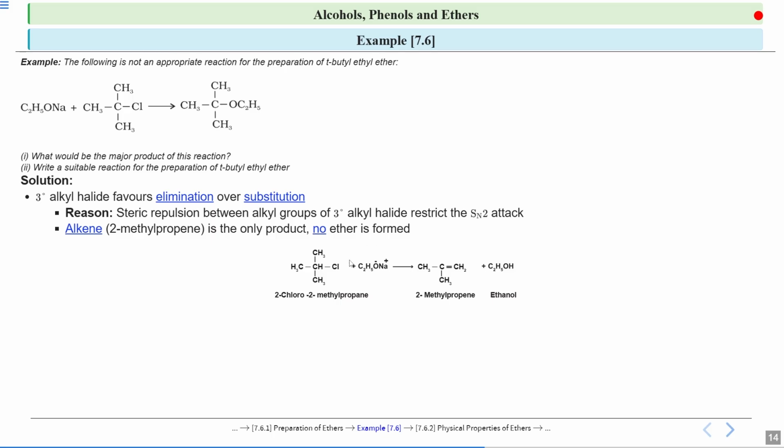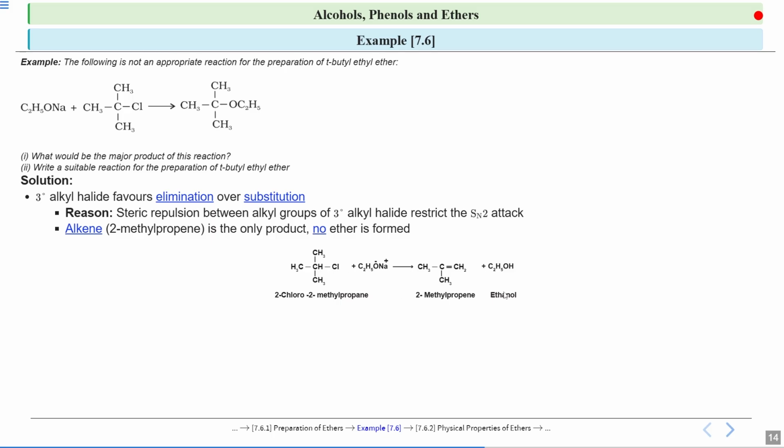Now what will happen in this reaction? It will proceed by the elimination reaction. Your oxygen has electron density, so it will attack on any of these methyl groups and take one of its hydrogens. The double bond will come here, and the halide will leave from here.